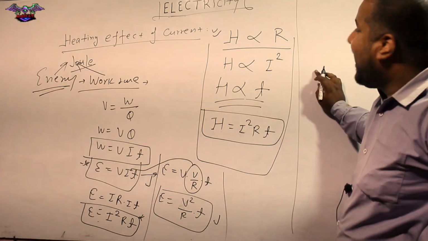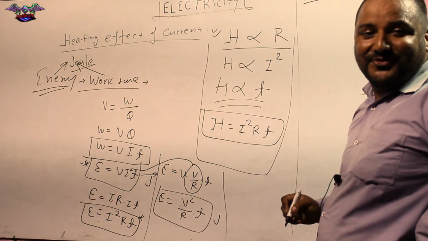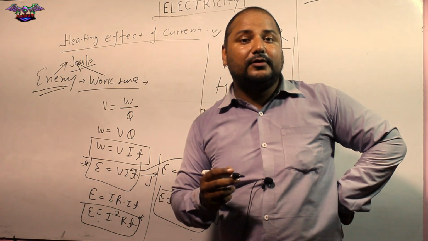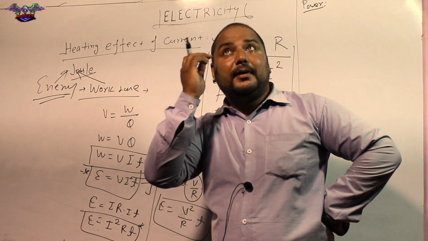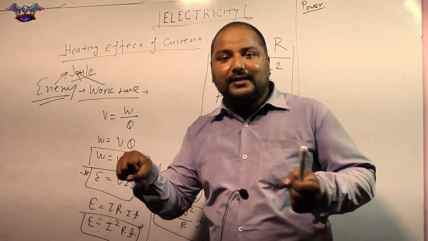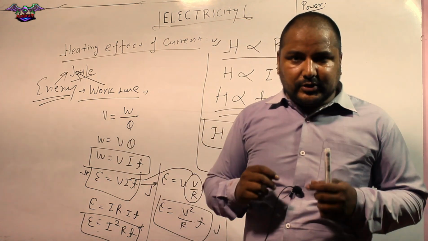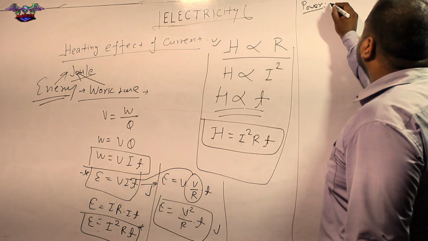Now I am going to discuss power. As we hear, a bulb has 100 watt, or a nichrome wire or an iron press has 1000 watt, right? So the unit of power is watt.